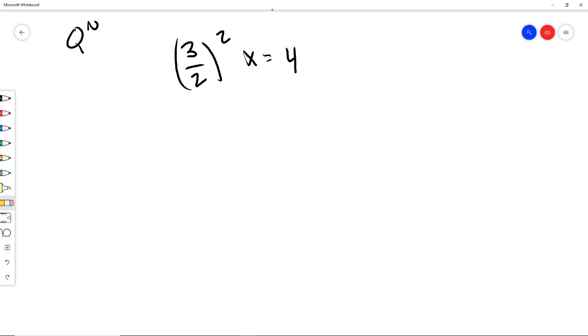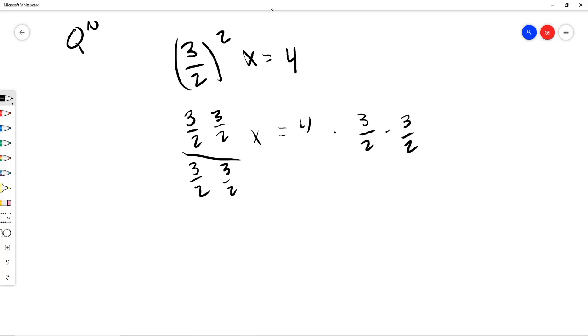Again, we're trying to get x isolated, so we have 3/2 times 3/2 times x is equal to 4. What we could do is just divide by 3/2, and then, of course, divide by it over here as well. I'm going to take the time to write it out so it's straightforward.